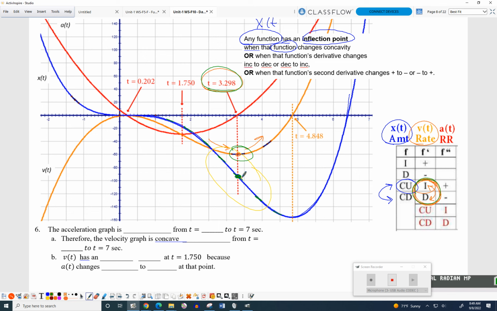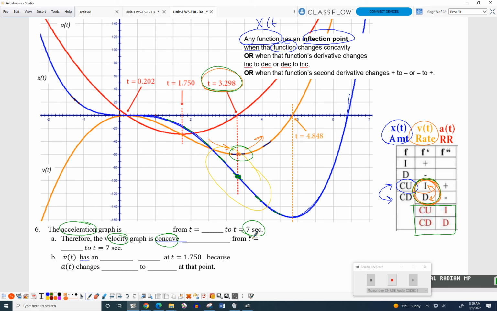Cool. That's inflection point. So it says here, the acceleration graph, and let's see what they want us to find as a correspondence here. Acceleration compared to the velocity's concavity. So we're down here now. Oh, I got it.